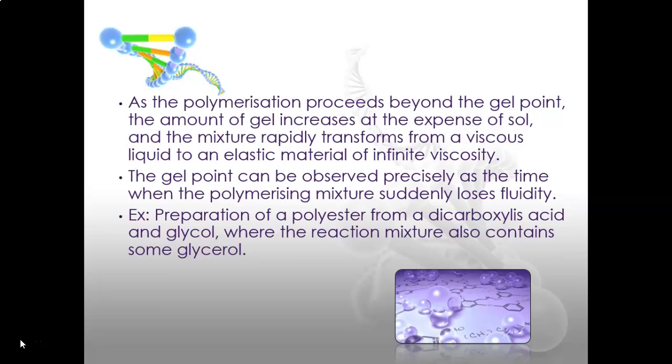As polymerization and gelation proceed beyond the gel point, the amount of gel increases at the expense of the sol, as more and more polymer chains in the sol are cross-linked to the gel.